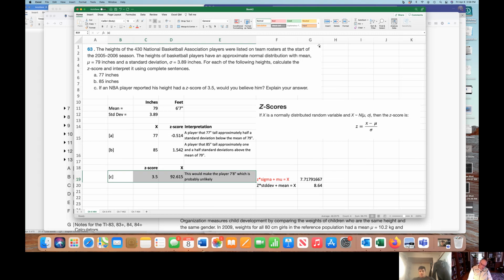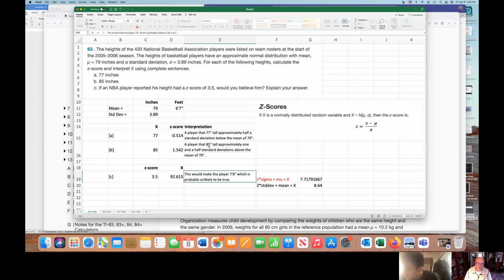Taco Fall, never heard of that guy. So I think right now he is the tallest player. This would be 7'8". I'm going to say it's very unlikely that this guy is telling the truth, which is probably unlikely to be true. It's just my interpretation.